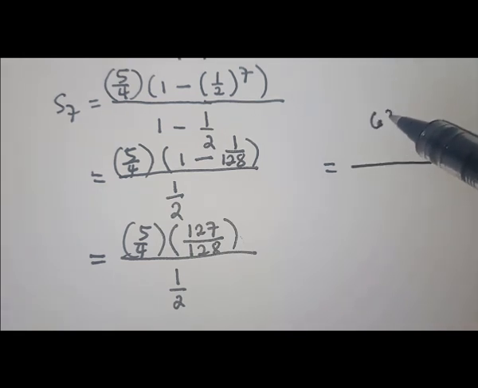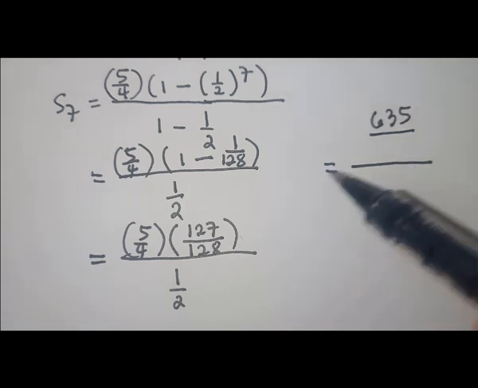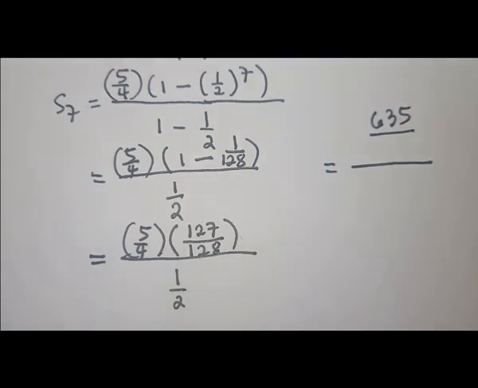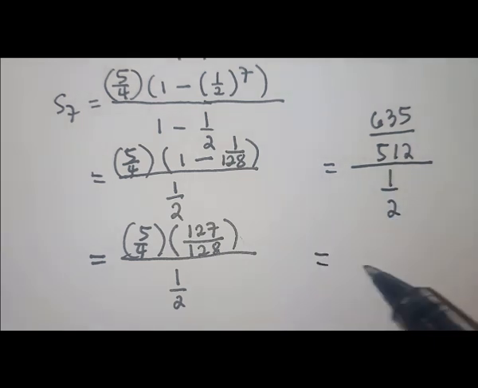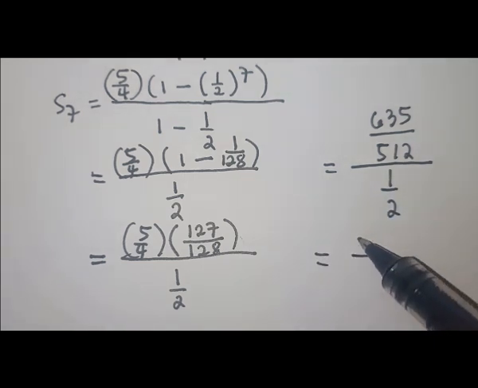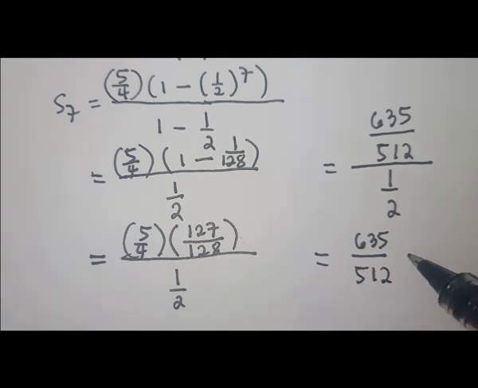So we have 635 divided by 4 times 128, which is 512, divided by 1/2. Because it is division of a fraction, we need to get the reciprocal of the denominator. So we have 635 over 512.